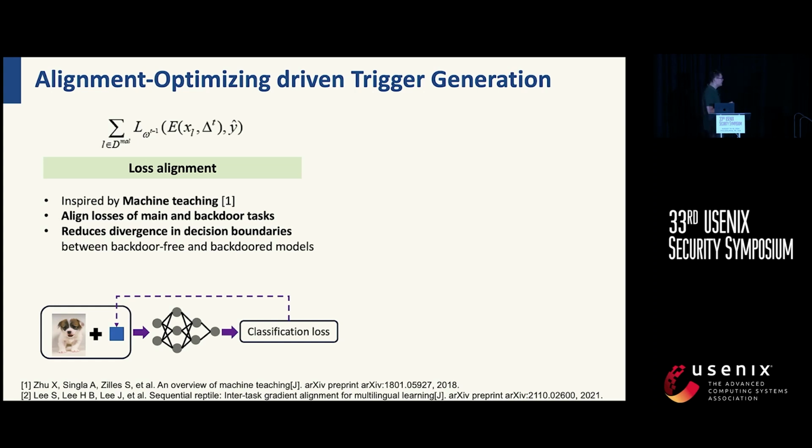So that when we send this local model to the other benign clients, it will not deviate too much from the original model, such that my injected backdoor will remain in the model. This is called loss alignment, such that we should minimize this loss over the trigger here.